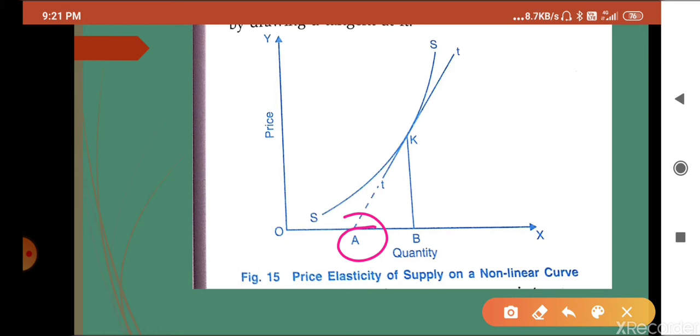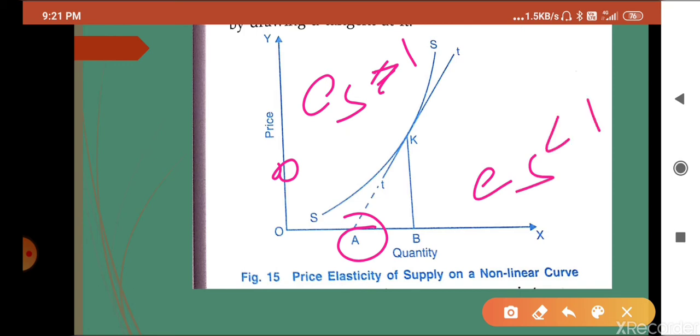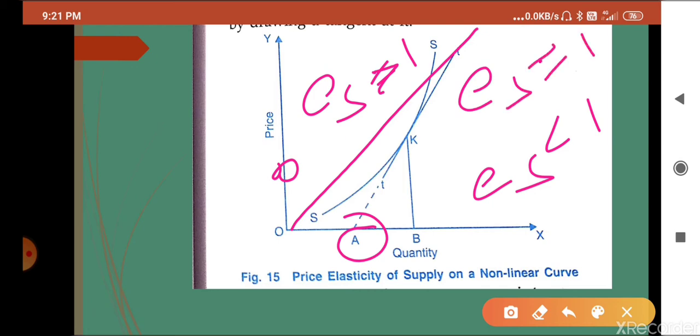If it comes on the y-axis, ES will be more than 1, and if it comes on the origin, then ES will be unitary. So like that we can find out the elasticity of supply, but we cannot find out the exact value, as we said in previous cases.